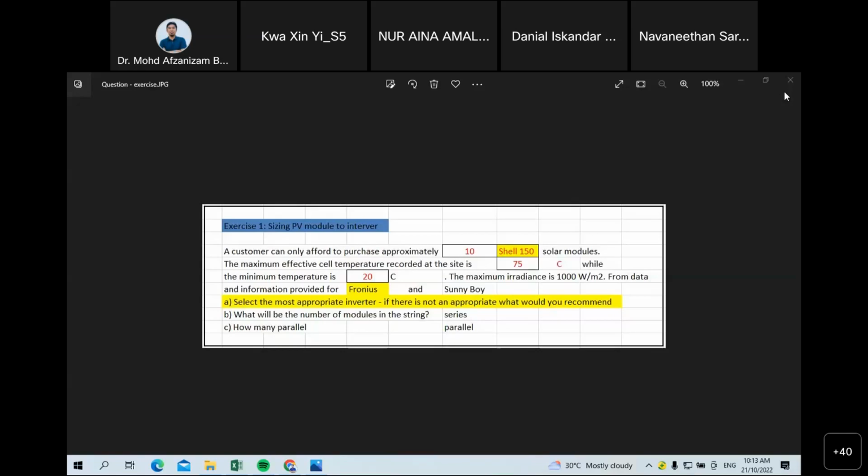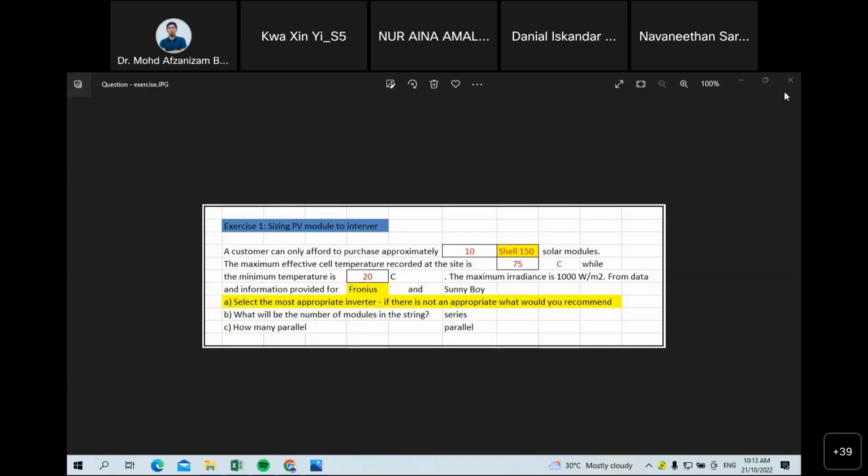Question A: select the most appropriate inverter. If there is no appropriate one, what would you recommend? That's the first question. Then B: what is the number of modules in a string? In other words, what is the number in series?